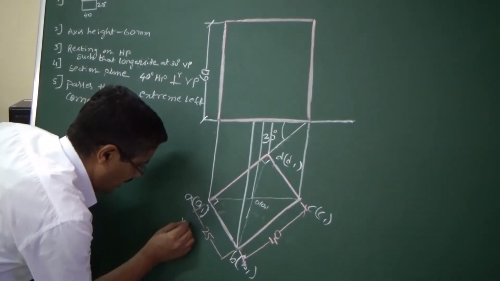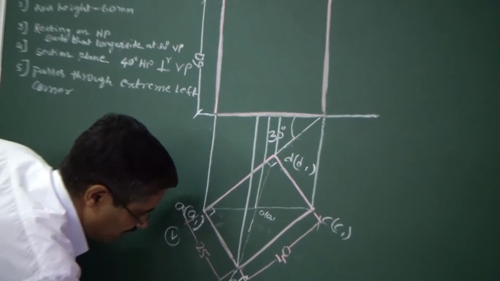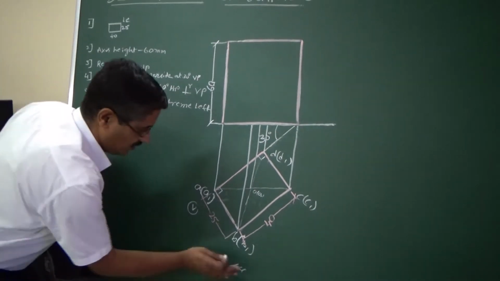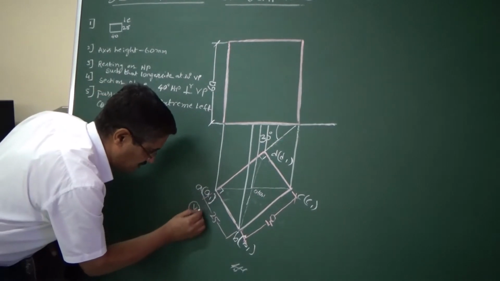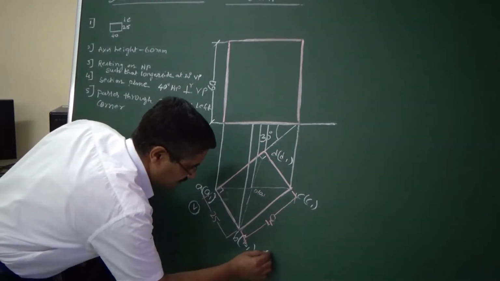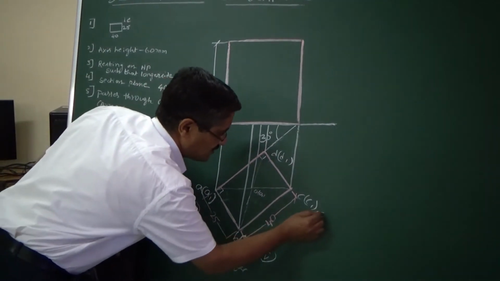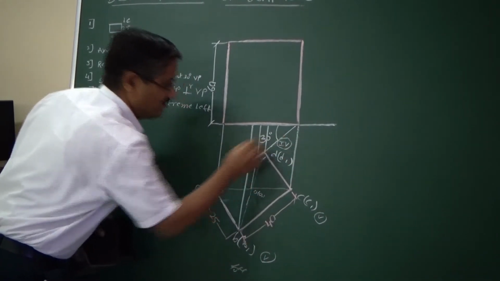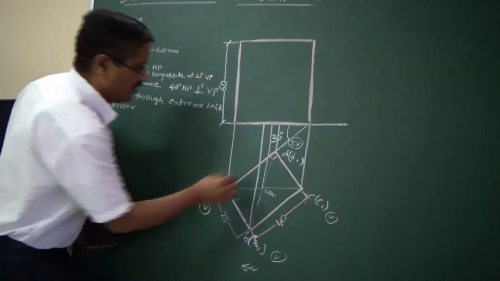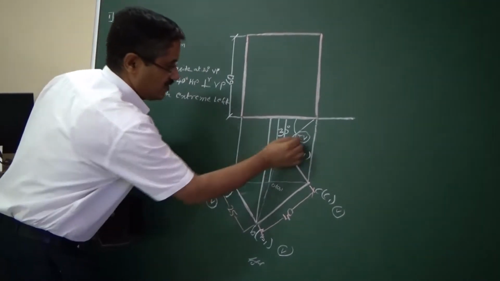AA1. Suppose I mark this as where the human eye will be. The points which are visible to you: AA1 is visible, BB1 is visible, CC1 is visible, DD1 is invisible. And the axis. So there are 5.